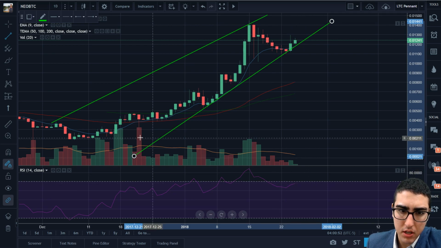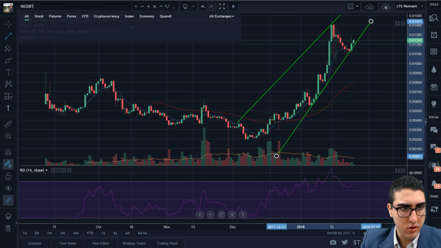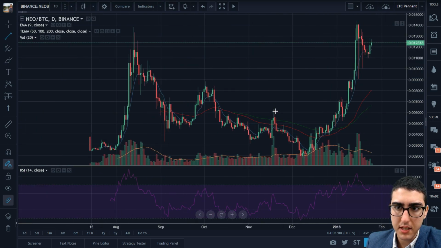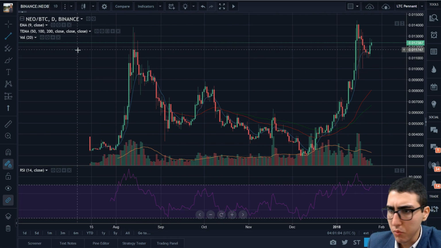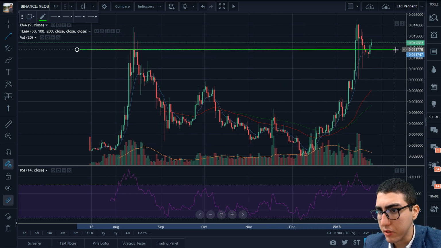So we had a couple different requests here. I definitely wanted XRP, but here's my opinion on Neo. I think that we're really high in terms of RSI at this point. We saw this huge run up. And when you look at the history of Neo, I'll pull up the Binance chart.